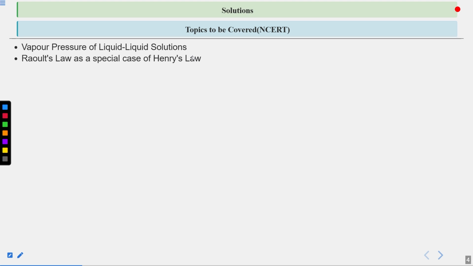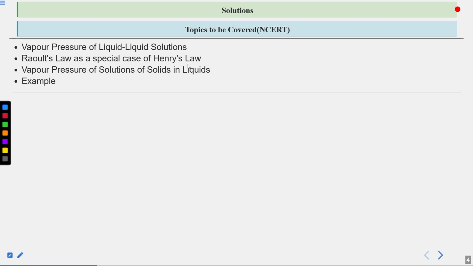Then we will compare Raoult's law with Henry's law and see what a beautiful analogy there is between these two laws. Coming on to the vapor pressure of solutions of solids in liquids. Then at last we will cover a numerical example related to Raoult's law.